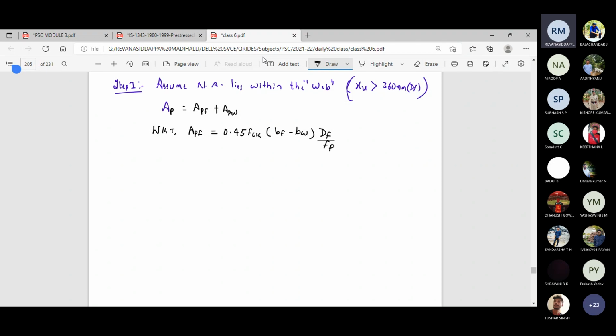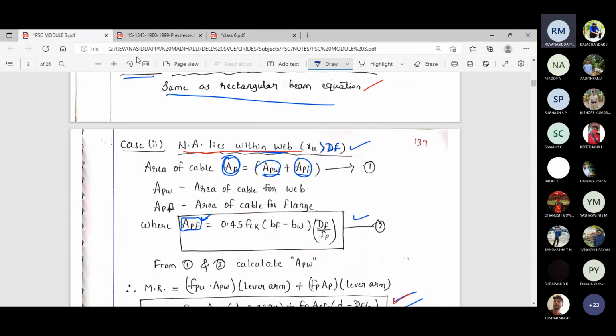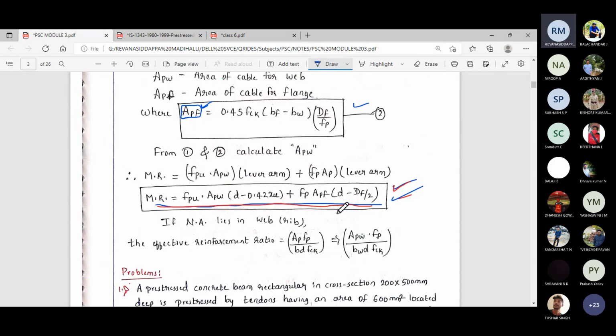See, this formula is not there in the codebook. You need to remember it, students. If the depth of neutral axis lies within the web, you need to remember the formula of APF as well as the formula of moment of resistance.